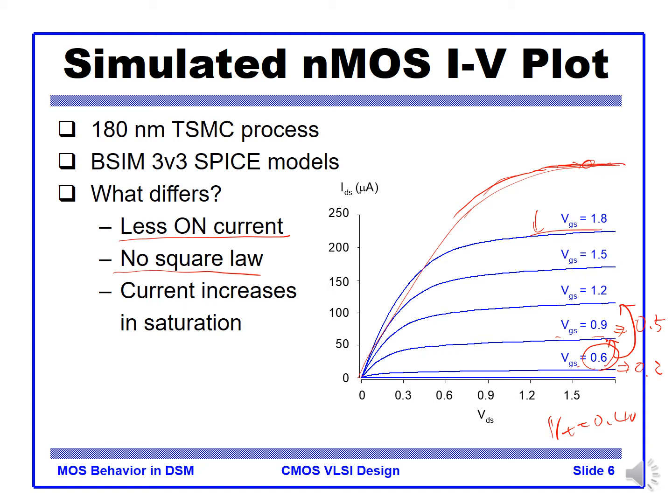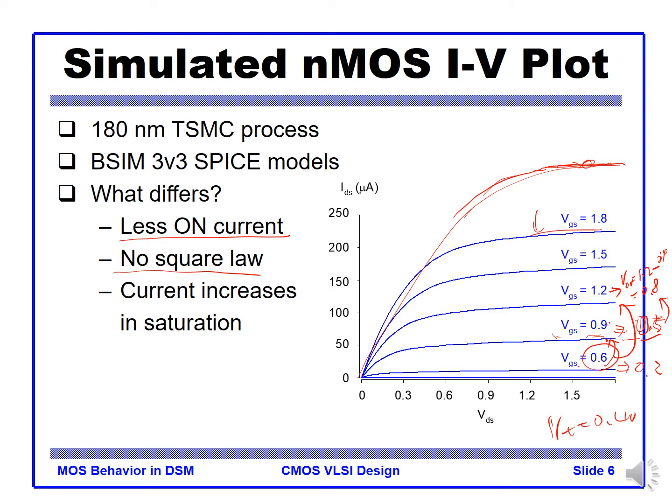For the other case, for example, the overdrive voltage for VGS equal 0.9 is 0.5, and for VGS 1.2, the overdrive voltage is 1.2 minus VTH, that is 0.4, so 0.8 volt.